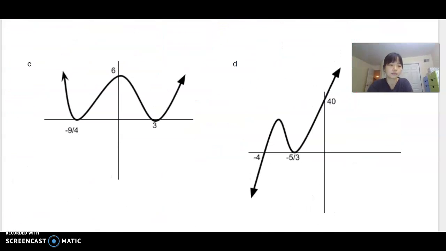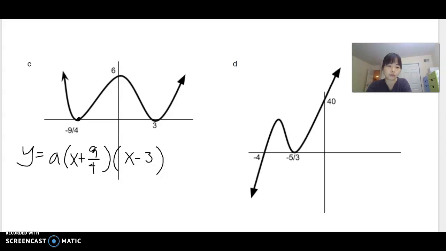C. Let's do C. Y equals a, opposite. Oh, that's my 9. Opposite. Bounce, bounce. So I'm going to put 2 and 2. Now, what point did they give us? They gave us 0, 6.